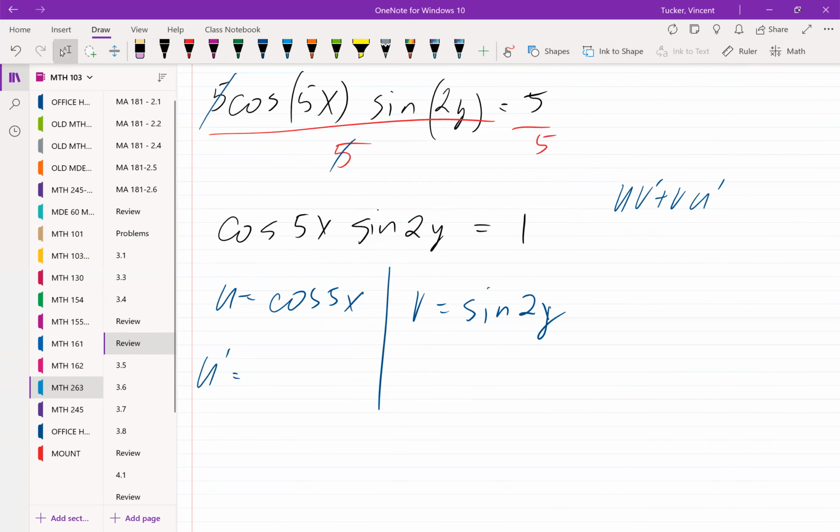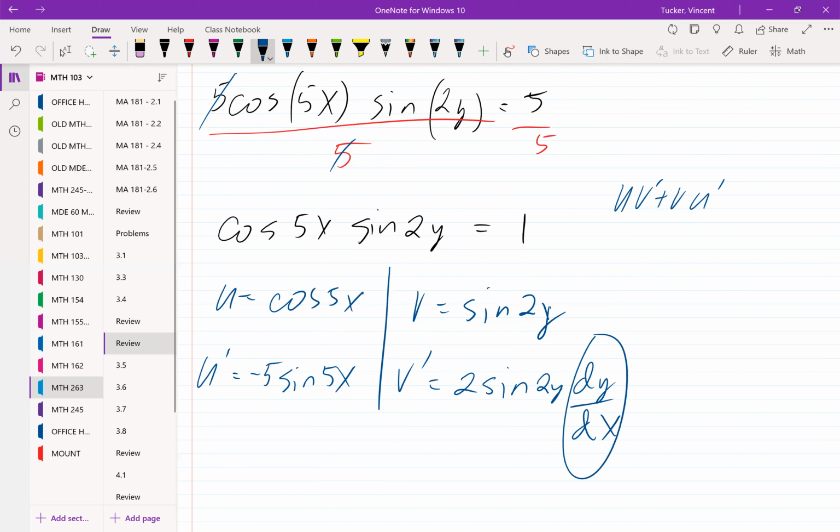All right, so here's where the chain rule comes into play. So u prime is going to be negative 5 sine 5x. And then v prime is going to be 2 sine 2y dy dx. Whenever you take a derivative of an expression with respect to another variable, you always have that piece left over.